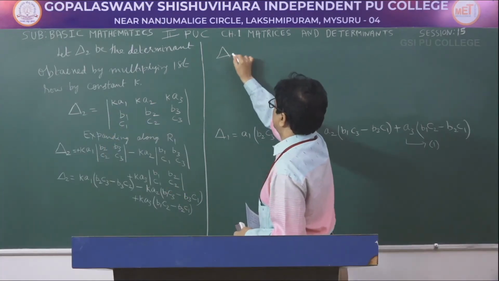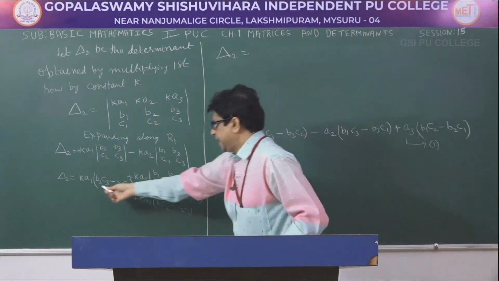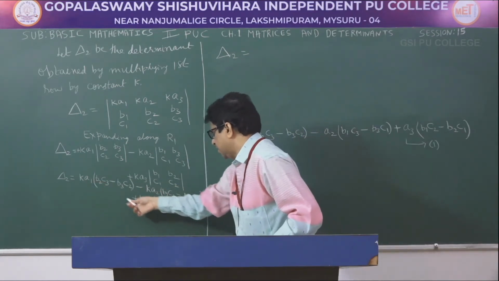So, delta 2 is equal to, we can take k common.